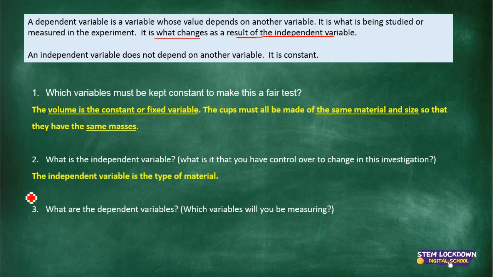Right, and then the independent variable is basically, what is it that you have to control to change the investigation? What you're going to control in the investigation is the type of material, like for example the air, the water or the sand, or even if you're going to use the flour.